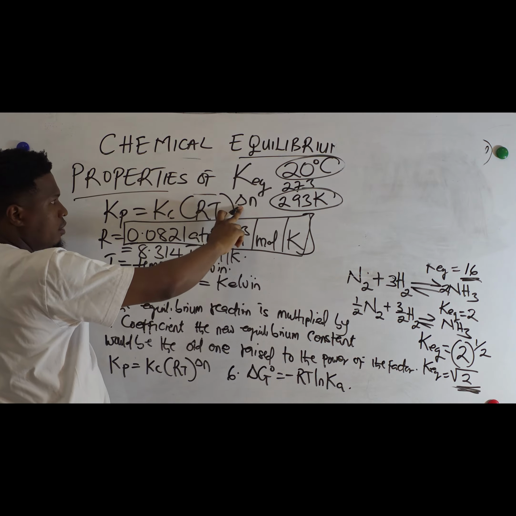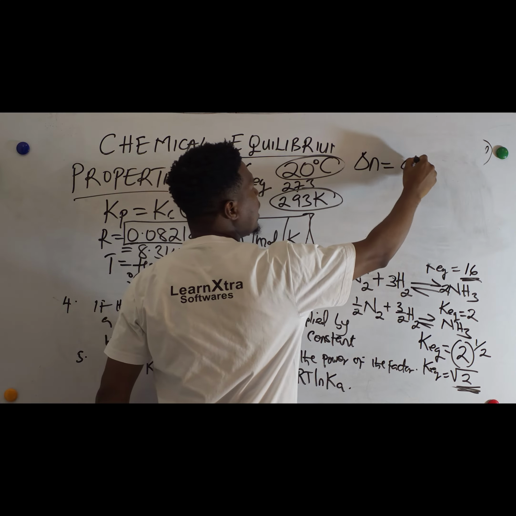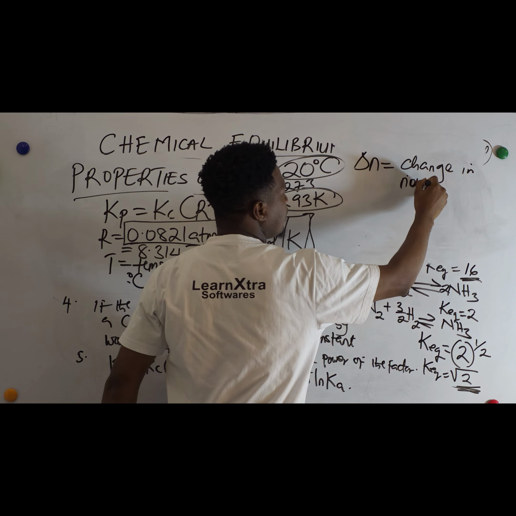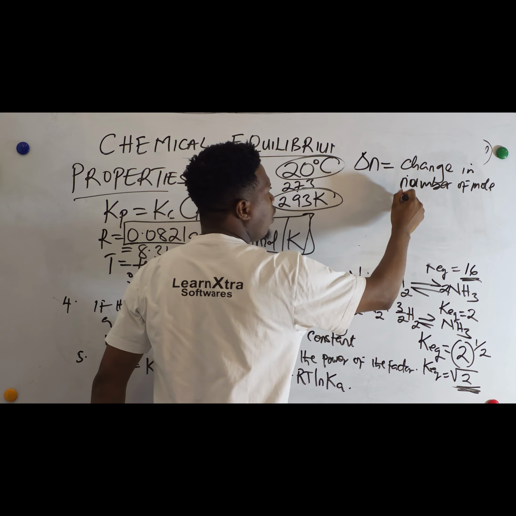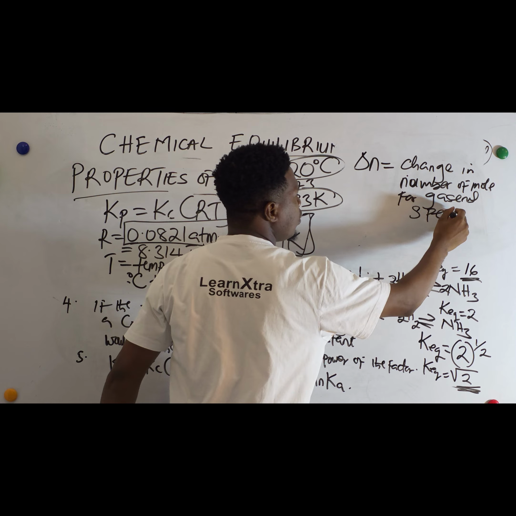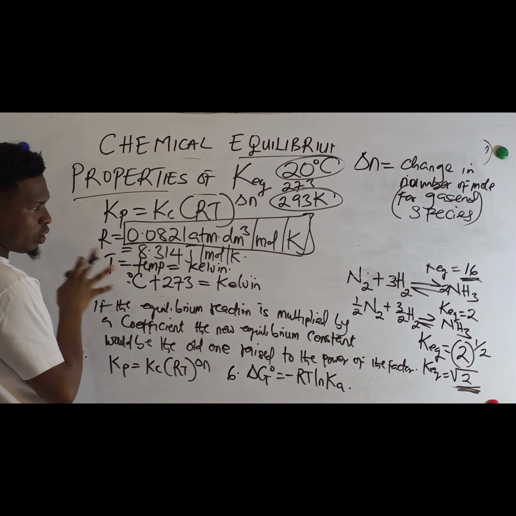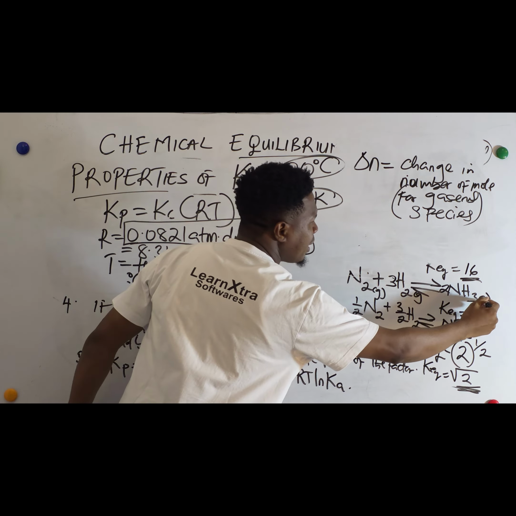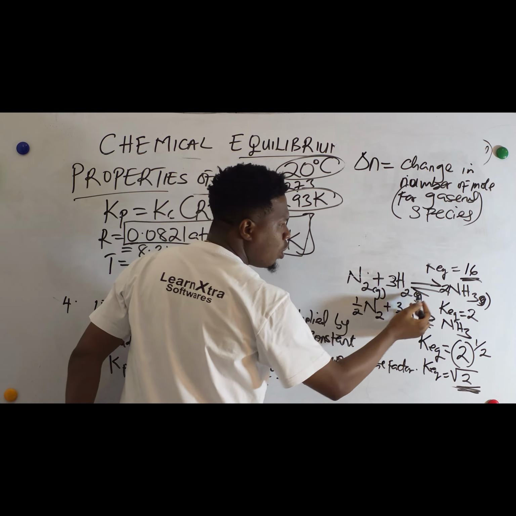This power delta n simply means change in number of mole for gaseous species from the equation. For example, this is in gas, this is in gas, this is in gas. So if you are calculating change in n for this one, the change in n will be with respect to those that are in gaseous species.